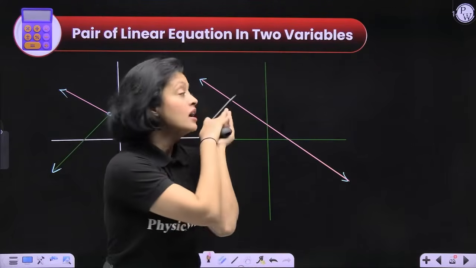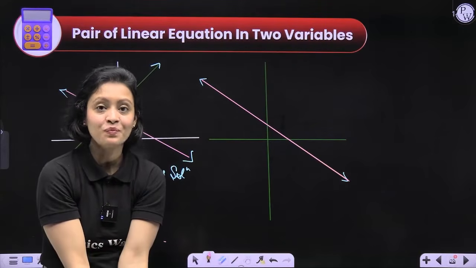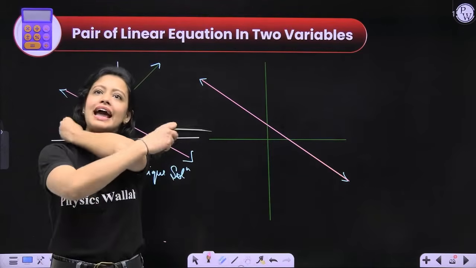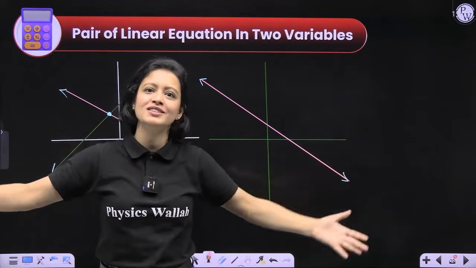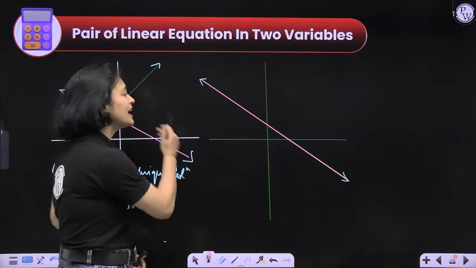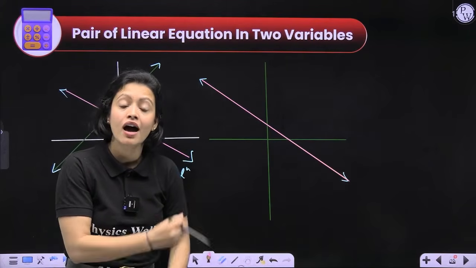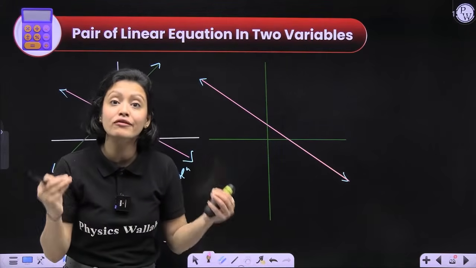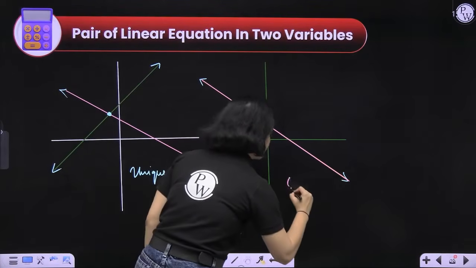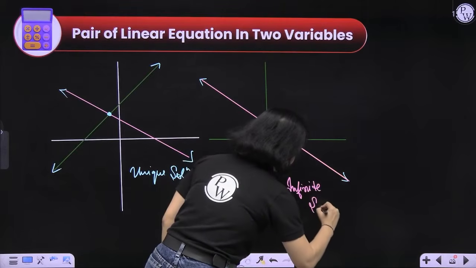Now, how many intersection points are there? Infinite, right? These two lines are intersecting at infinite points, guys, because they are lying over each other. So here you get how many solutions of the pair of linear equations in two variables? Infinite solutions. There are infinite points lying on both the lines, right? So this here is a case of infinite solutions.